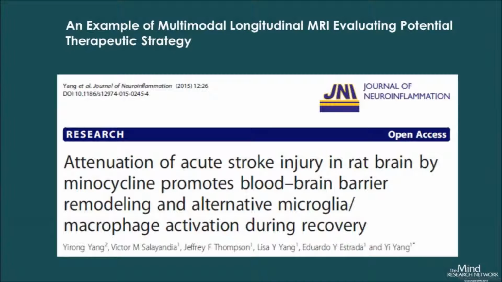Finally, I'm going to present an example of multimodal longitudinal MRI evaluating a potential therapy strategy. This result was published in the Journal of Neuroinflammation. The idea was proposed by Dr. Yirong, who proposed that attenuation of acute stroke injury in rat brain by minocycline promotes blood-brain barrier remodeling and alternative microglial or macrophage activation during recovery.